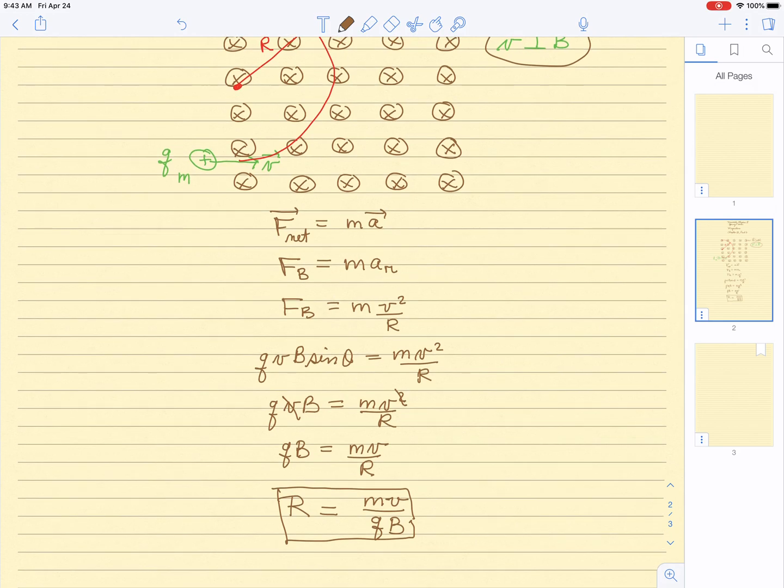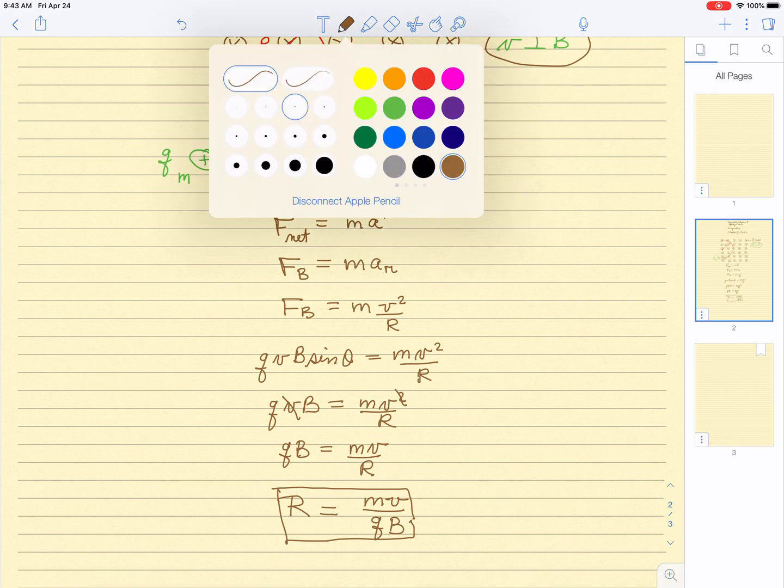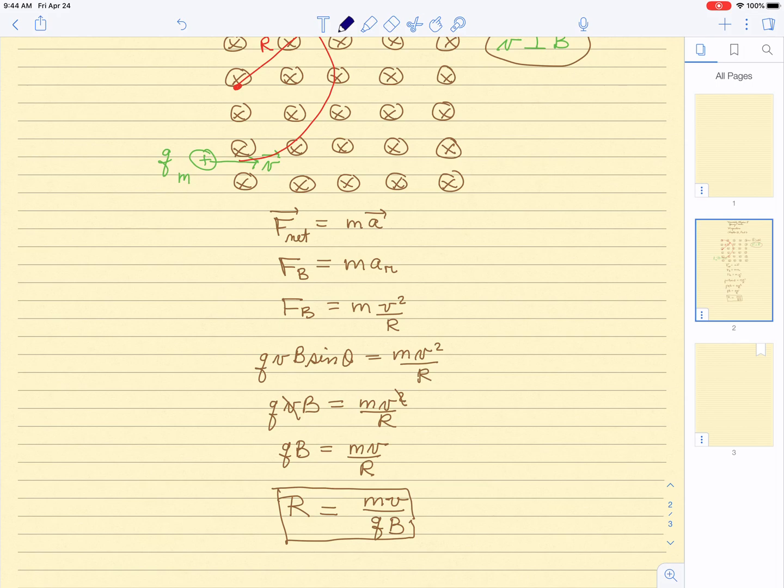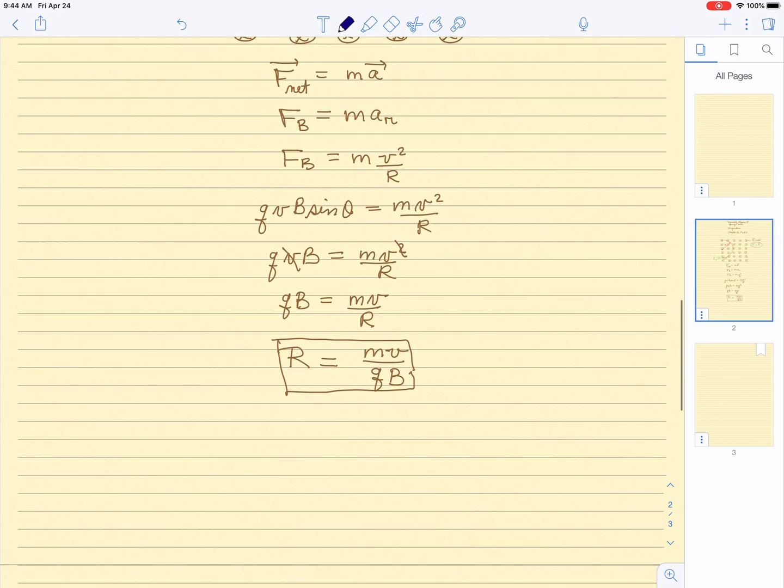And for you chemists in the room, this scenario was actually the foundation for what is called mass spectrometry.